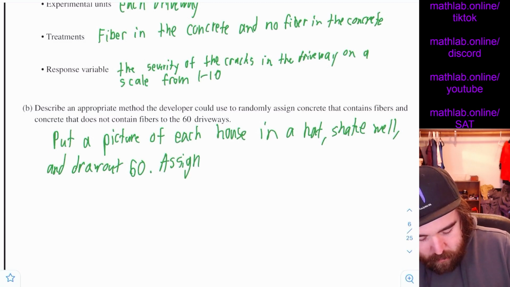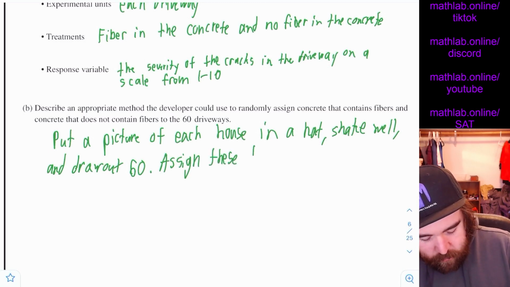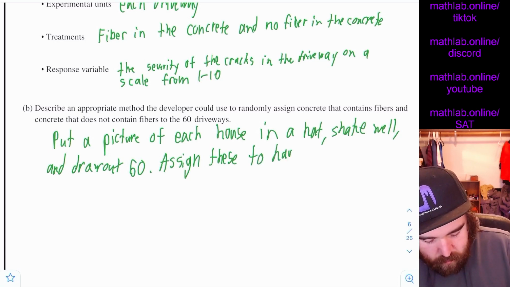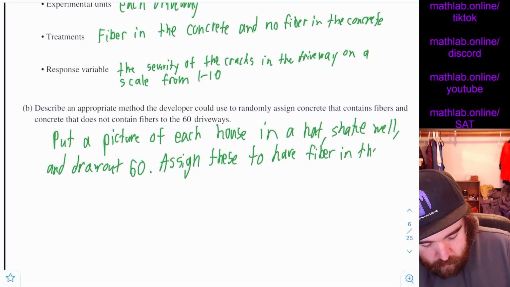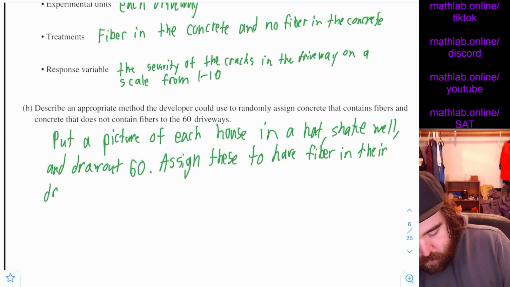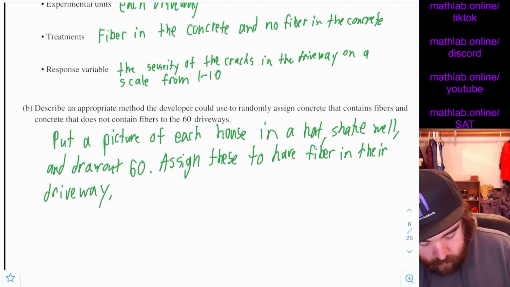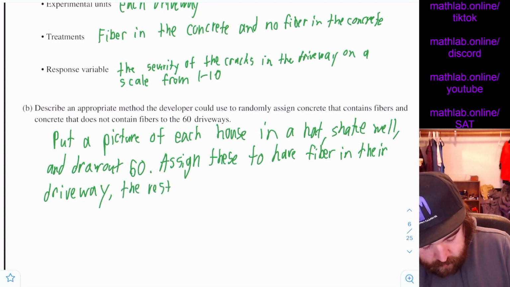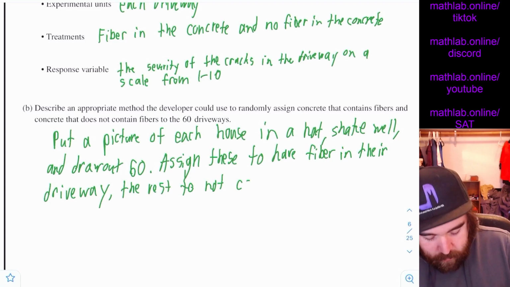Assign these to have fiber in their driveway, the rest to not contain fiber. And that is great. Yeah, that will suffice.